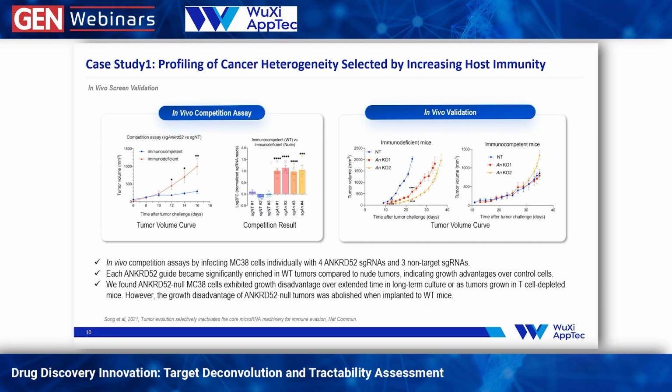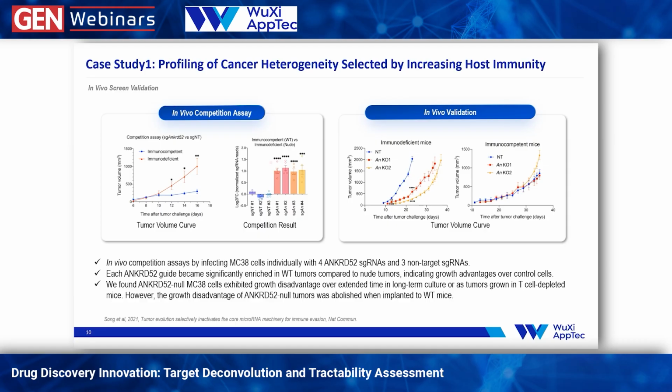The first thing we see is that after we use the ANKRD52 sgRNAs, we see a significant growth disadvantage of the tumors in immune-deficient mice, which can clearly be found in the left figures.